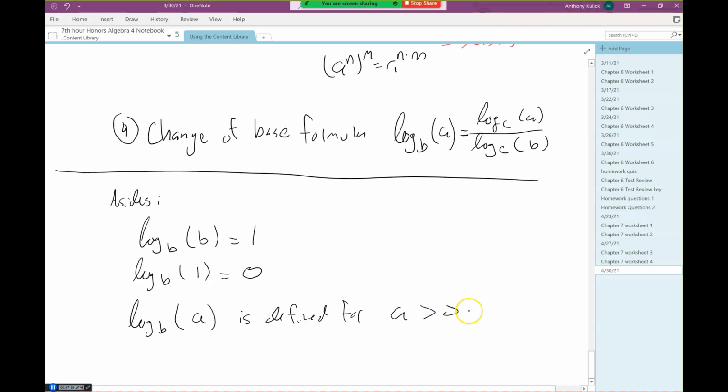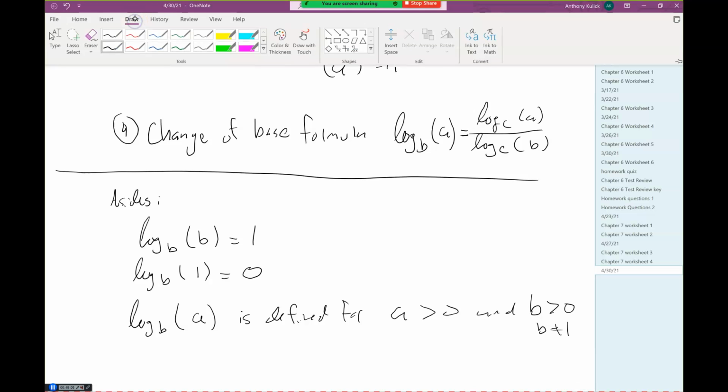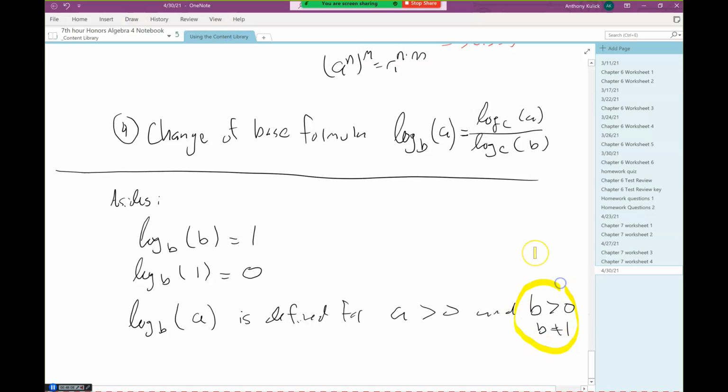So, again, here I've snuck in this restriction on b that it's positive and not equal to 1. Where else did we see that? Wasn't that in the last one? Yeah, when we defined an exponential function, we said the b was positive and not equal to 1. The same idea for the logarithm base matches the exponential base.